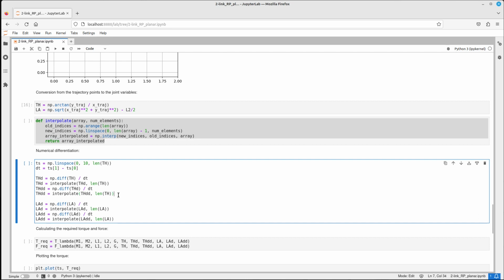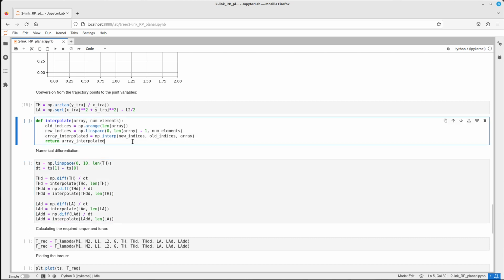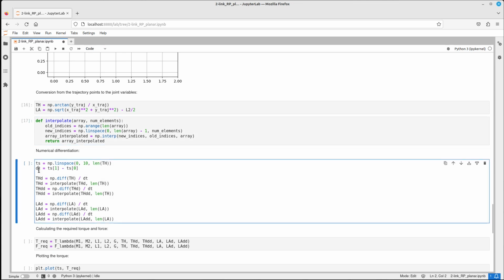That's why. So here we just quickly calculated t, which is the time step. We calculated it as the difference between the second element of this simulation time and the first element.